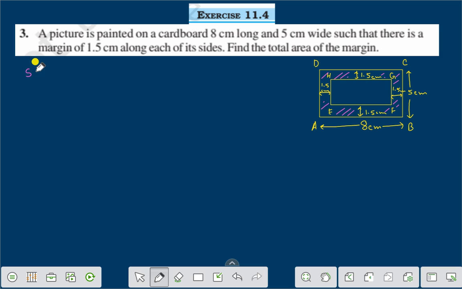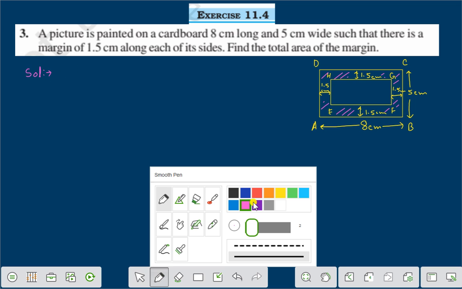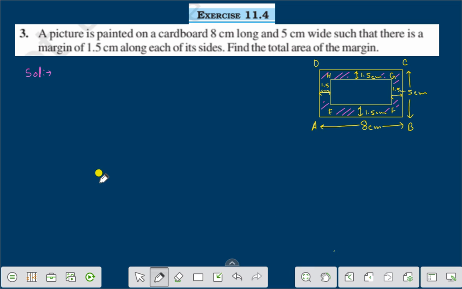Length of painted cardboard is equal to 8 centimeter.